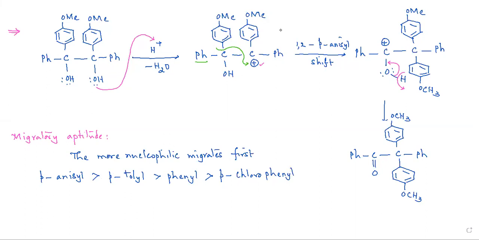So this is how the migratory aptitude can be given. Anisyl, tolyl, regular phenyl, and then chlorophenyl. So from this, we understand that the knowledge of more activating, more deactivating thing is of course needed for this.